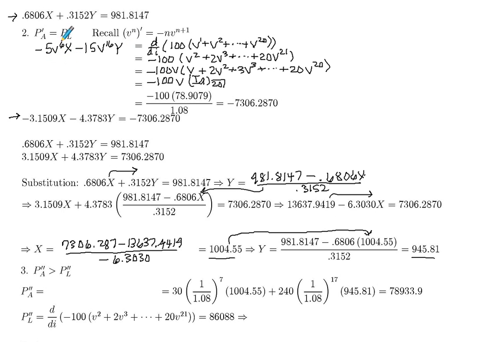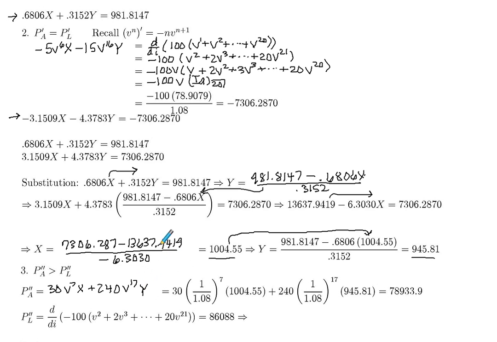So that's going to be a negative 6 times a negative 5 is going to give positive 30v to the 7th x. So this is positive 30v to the 7th times x, and then negative 16 times negative 15 will give you a 240, so positive 240, and then we want to increase our exponent here, so v to the 17th times y.